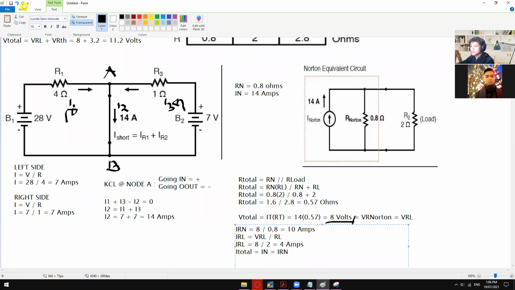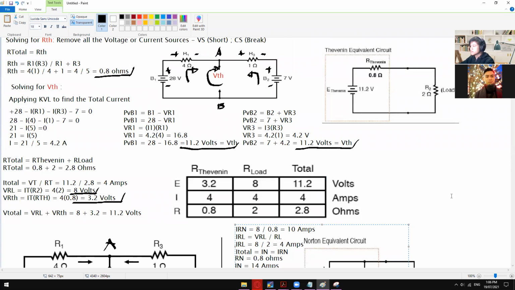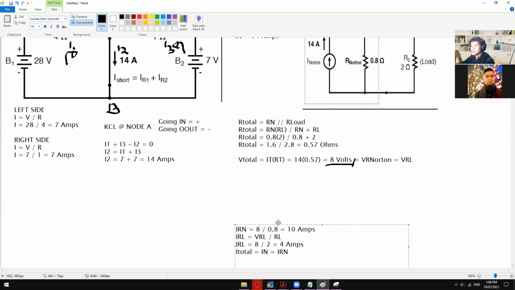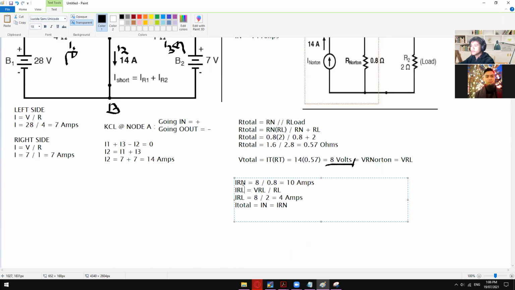Parang may kulang. Okay, this is for the IRN. And then IRL. May nabura nga ako. Okay. Wait a second. IRN. And then VRN. And then RN. Okay. So there you go.